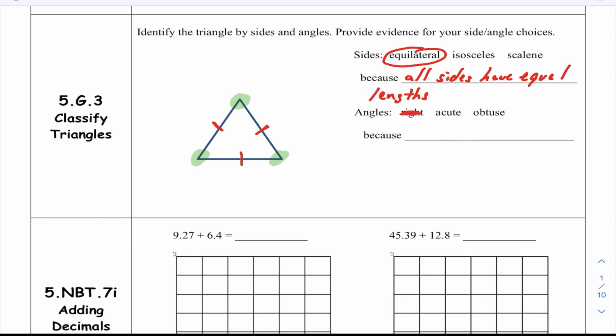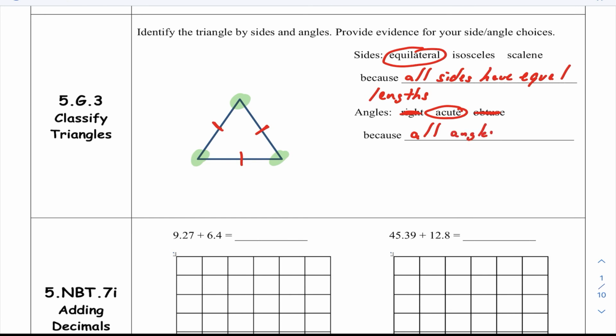So it is not right. Then the next step is I look for an obtuse angle, which is greater than a right angle, so it's larger than 90 degrees. If I need to, I can turn the paper to make it a little easier. I do not see an obtuse angle. So if I don't find a right angle and I don't find an obtuse angle, then the triangle must be acute.